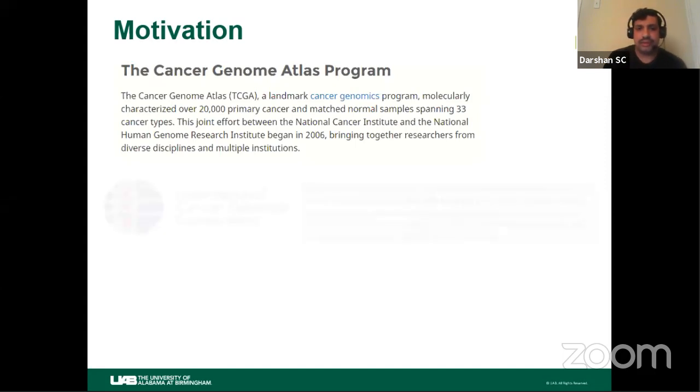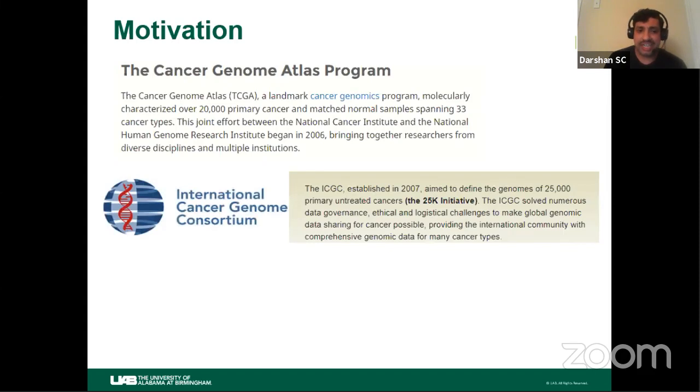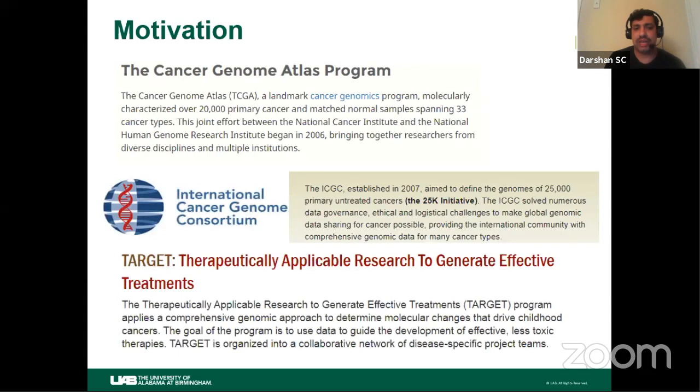We also have the International Cancer Genome Consortium, which aimed at sequencing the genomes of untreated cancers. We also have TARGET, which stands for Therapeutically Applicable Research to Generate Effective Treatments. This particular program is mainly directed towards understanding childhood cancers.